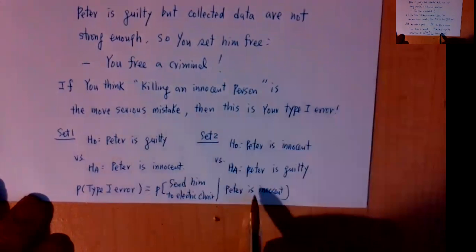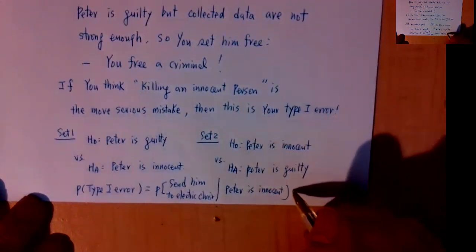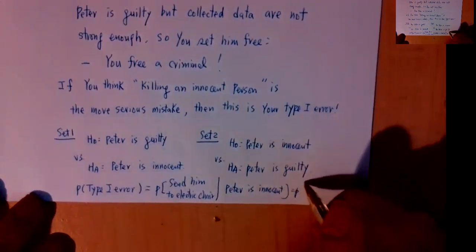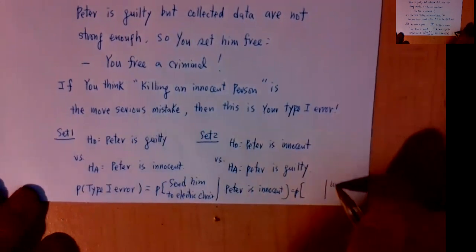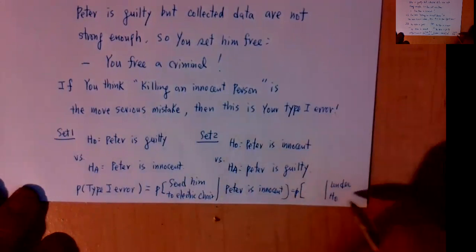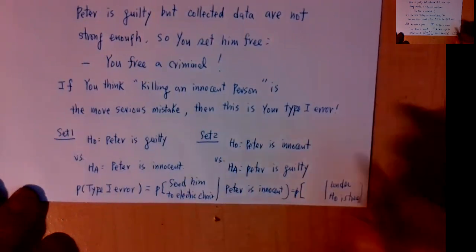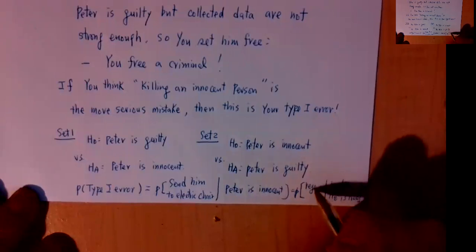In this case, you kill an innocent person. Remember, type 1 error says that under the assumption that H naught is true, you reject H naught.